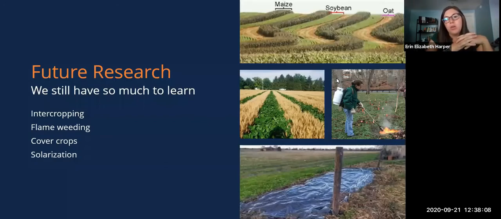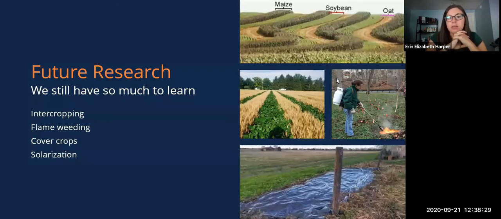But now we know that some of these chemicals or signals are being sent out by the plant, or it's attracting bacteria that it knows will kill a different plant to really protect itself. So we need to look more at intercropping and how the plants really work together.